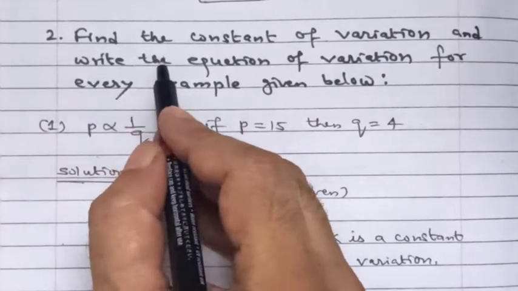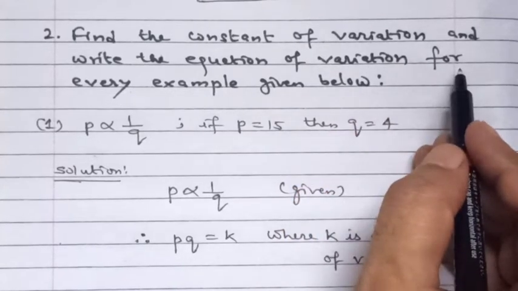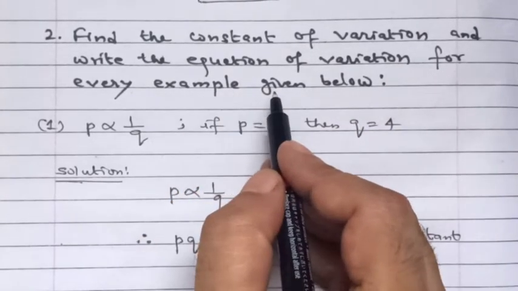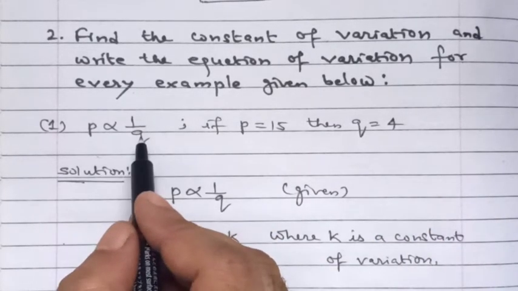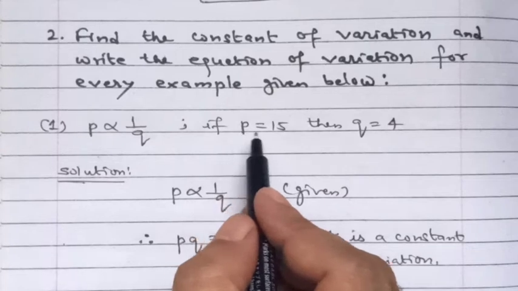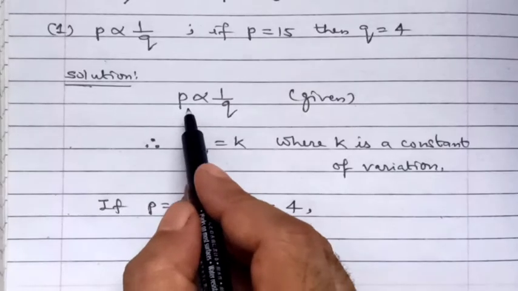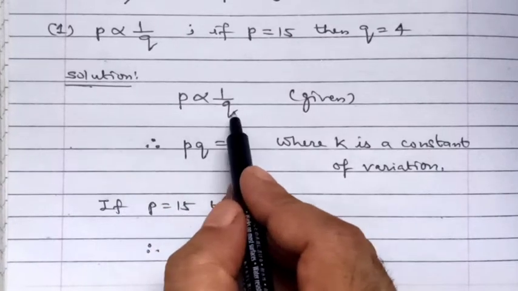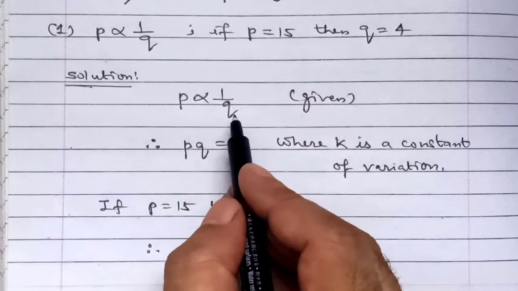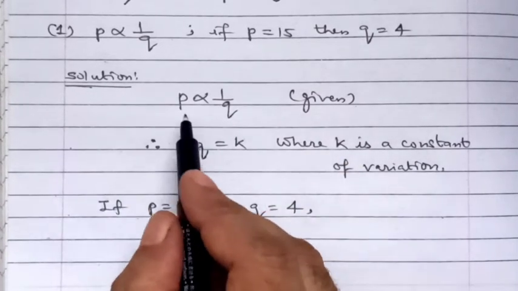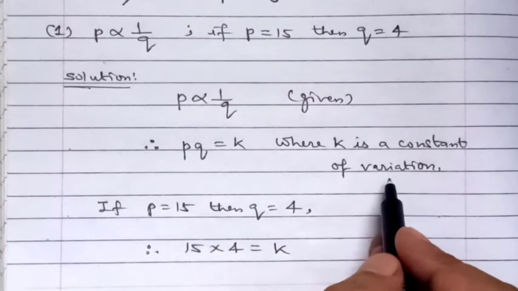Question number 2. Find the constant of variation and write the equation of variation for the following examples. First: P is inversely proportional to Q. If P is equal to 15, then Q is equal to 4. Solution. P is inversely proportional to Q, that means P is proportional to 1 upon Q. Therefore, the product of P and Q is equal to K, where K is the constant of variation.